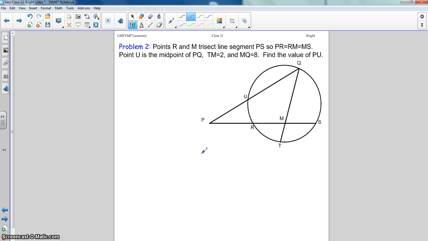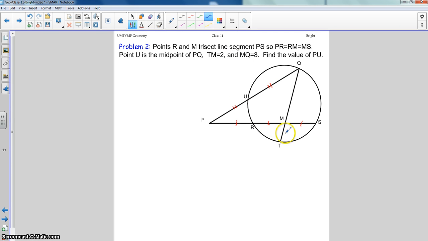And now this one is a little bit more interesting. It says points R and M trisect the line PS. So trisect means that this is congruent to this is congruent to this. Again, this diagram isn't exactly to scale, so go with what the prompt says. And then point U is the midpoint of PQ, so this length is congruent to this length.